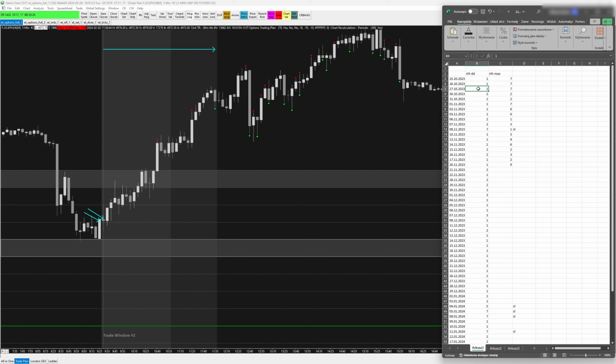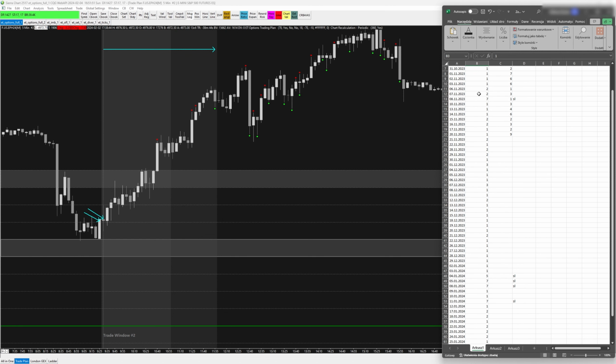If we have 1 here, it means the trade was within 1 unit of risk. If it's 2, it was within 2 units of risk. It tells you how many units of risk were enough for the trade to be positive during this period of time. We'll get to the period of time in a second.